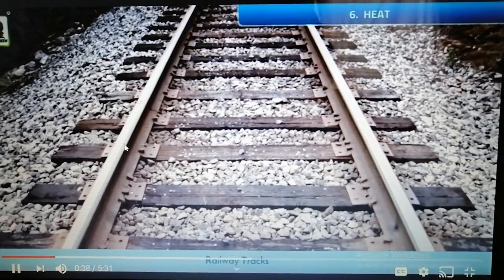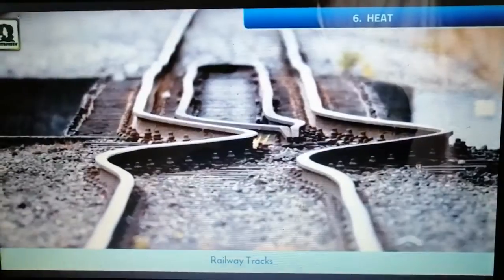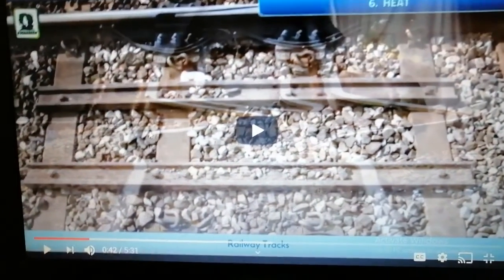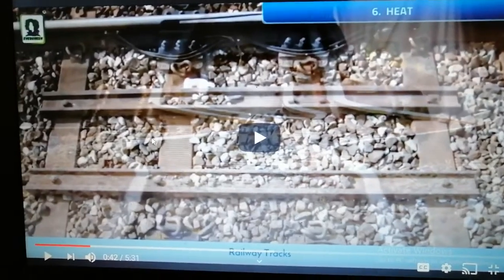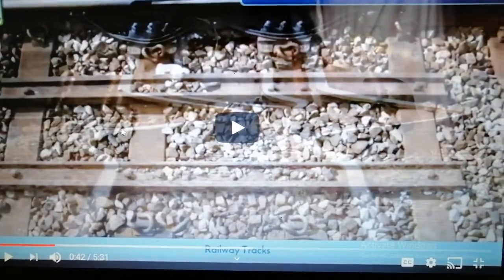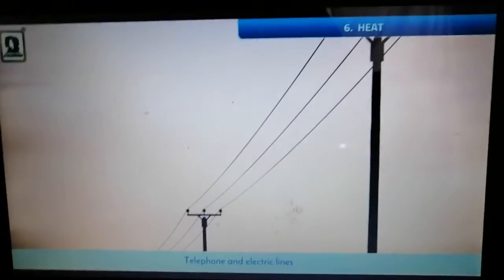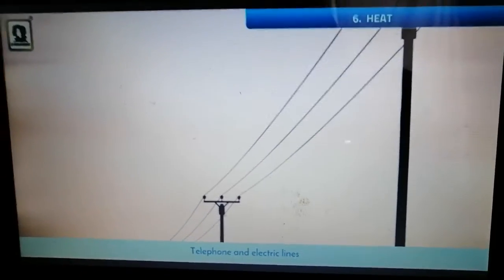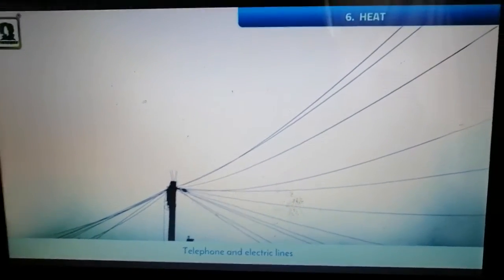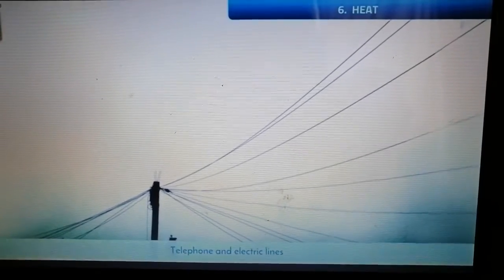If not, it becomes like this in winter and the railway tracks can be damaged. Later it's dangerous for the train. These cables are kept sagging in summer, so that when they contract in winter, they do not break.